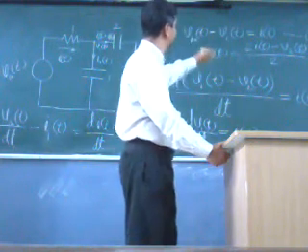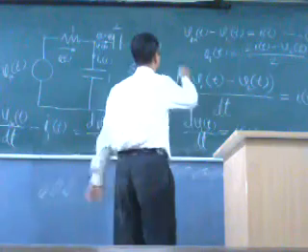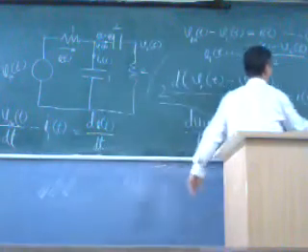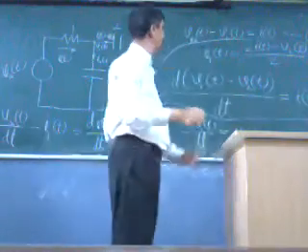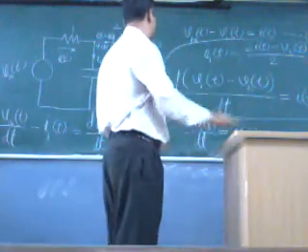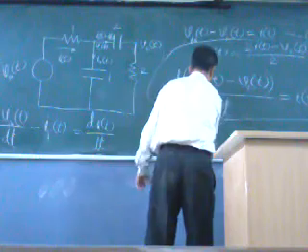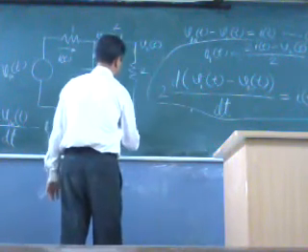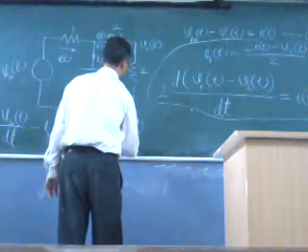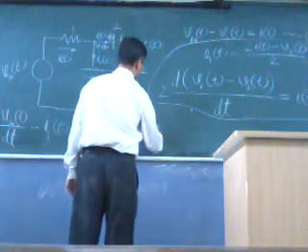Now I am looking at these two equations, and from these two equations, can you get rid of V2(t)? If we want to get rid of V2(t), this I will write separately here: dV1(t) upon dt is equal to I(t).